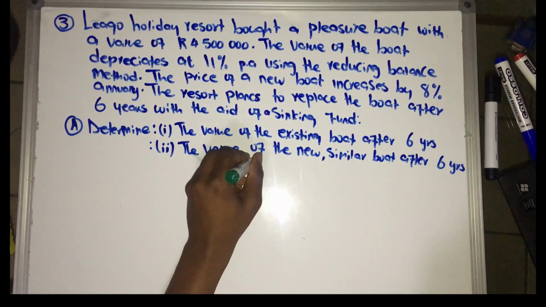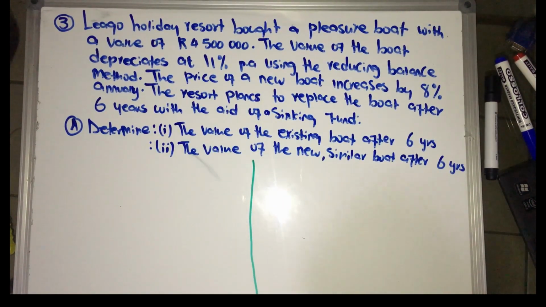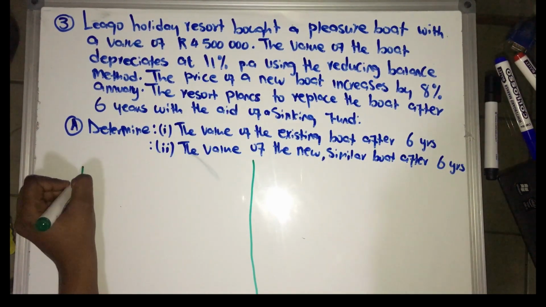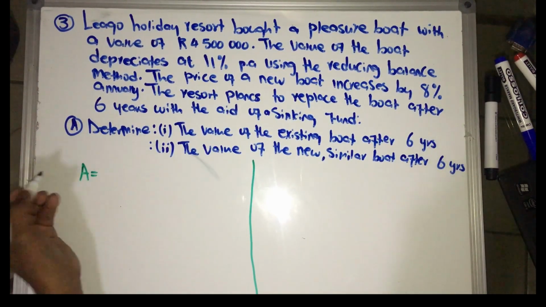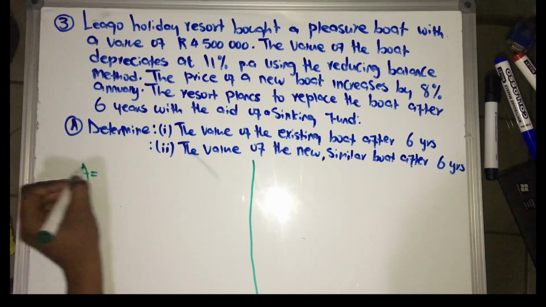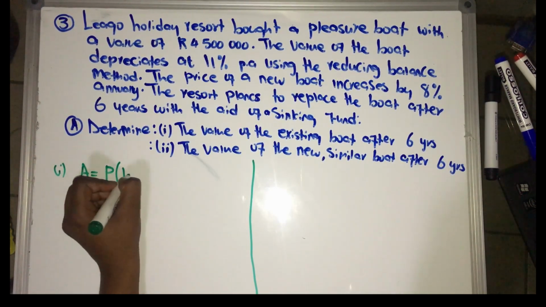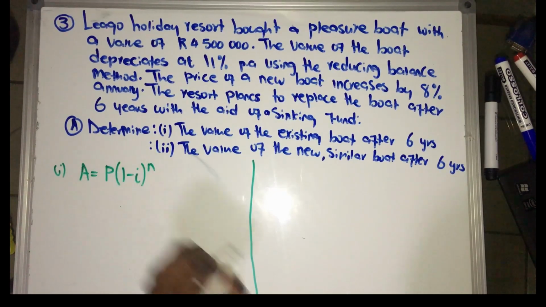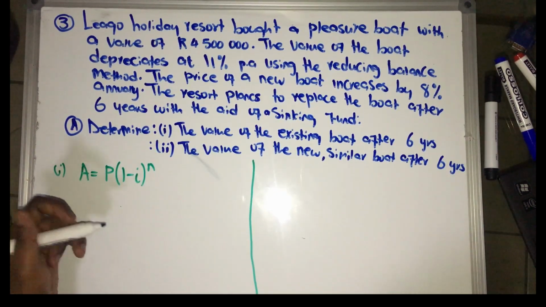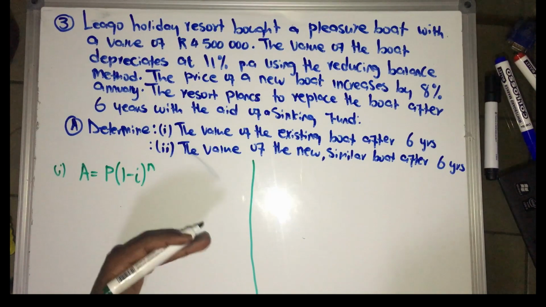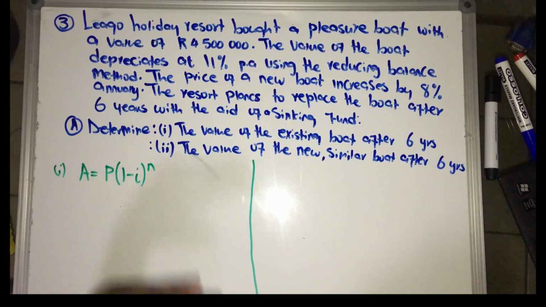Okay, so now the first question, determine the value of the existing boat after 6 years. So we are told that this boat reduces on the reducing balance method. So this is what we know about the reducing balance as explained in the basics. So that's going to be P(1 - i)^n. So this basically means it's reducing on a compound scale.